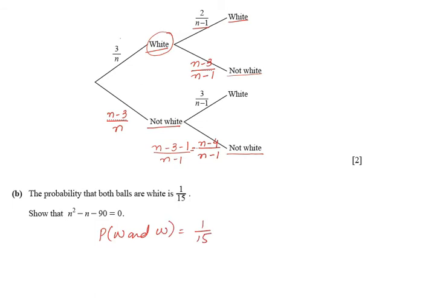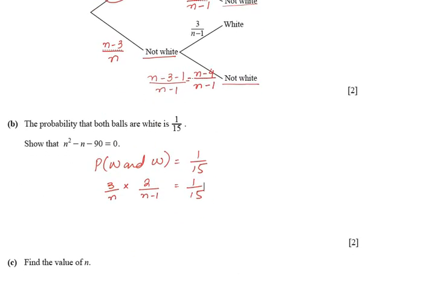So the first white is 3 upon n, multiplied by, for the second white, 2 upon n minus 1, is equal to 1 upon 15. Now let's simplify this. So 3 multiplied by 2 is 6 upon n into n minus 1 is equal to 1 upon 15.